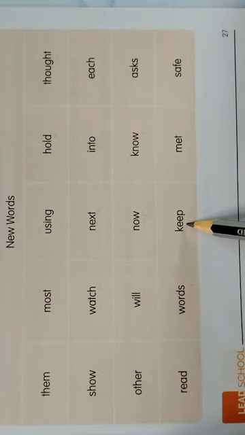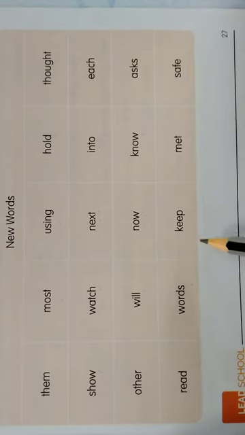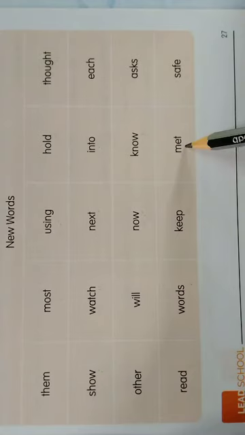Just point out with your finger and say loudly. Keep, keep. Met. Look at the next word, ma. Met. Say along with me.